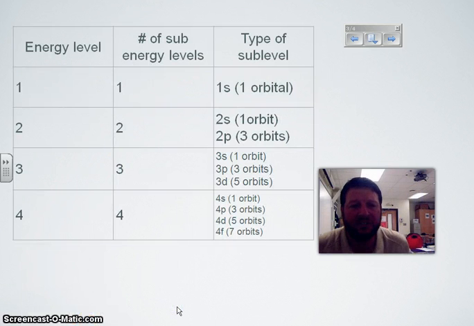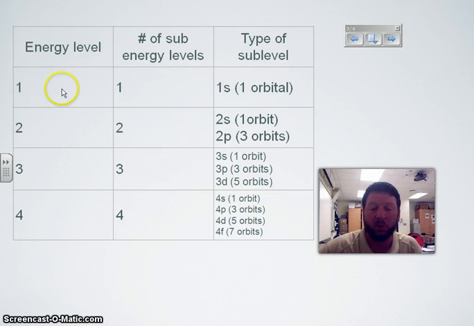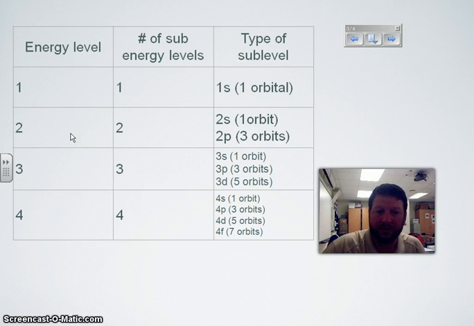So as we're talking here, we have energy level number 1. It has only one sub-energy level, and that is the s sub-energy level, and inside that s, there's only one orbital. Energy level number 2 has 2 sub-energy levels: the 2s, which is that spherical shape, and the 2p orbital, which is the dumbbell shape. And there are 3 small orbitals within the p sub-level.